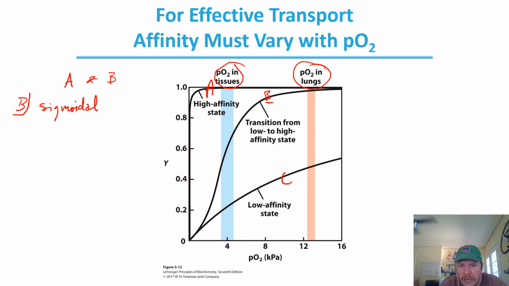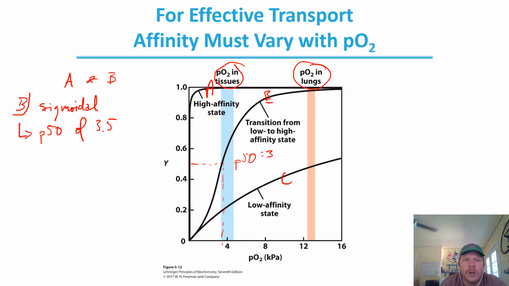So we could say that right here our P50 is approximately 3 or so. Let's just say B has a P50 of 3.5.